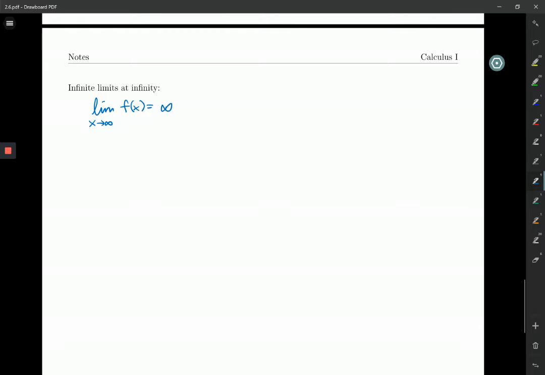So that would just mean that as the x values get larger, the function values get larger. I guess I'll write that here.